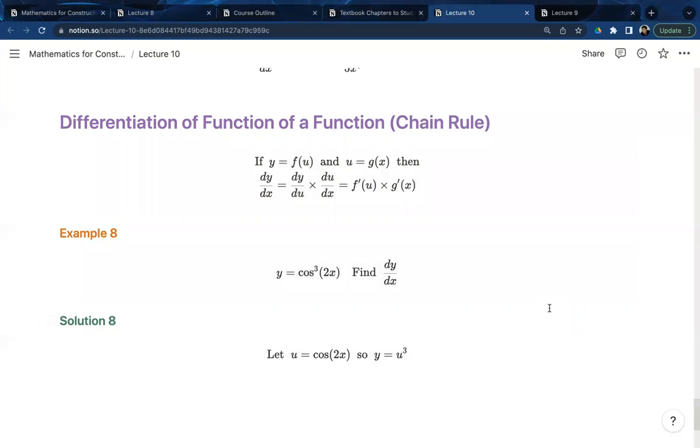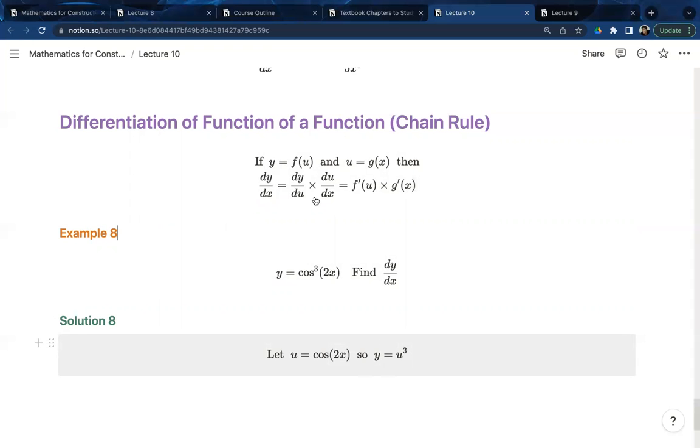So I'll illustrate with an example. If you had to find the dy dx of cosine cubed of 2x, that's really cosine 2x all cubed. So you say let u equals cosine 2x. Then y is u cubed. If you cube the cosine of 2x, you'll get cos cubed 2x.